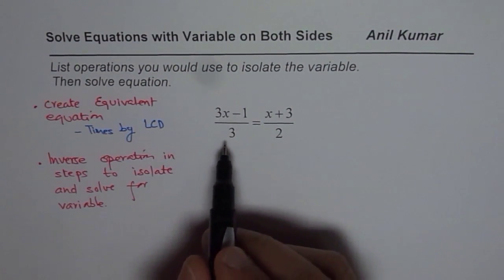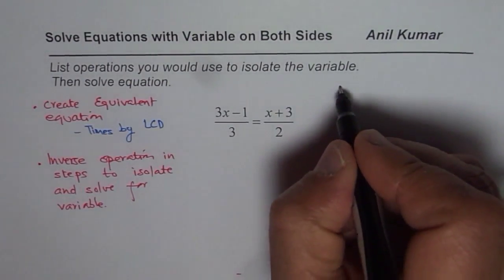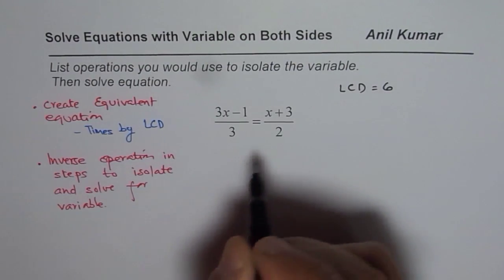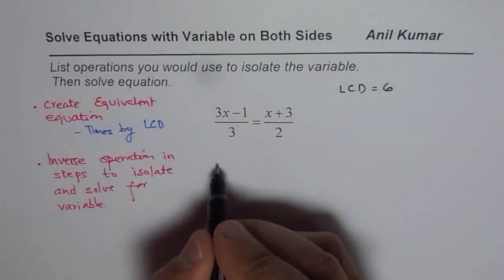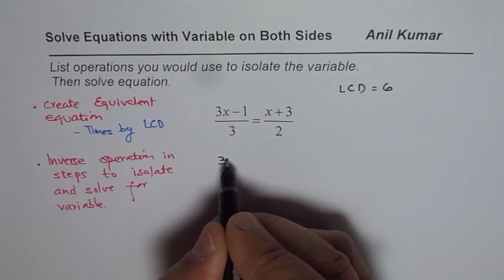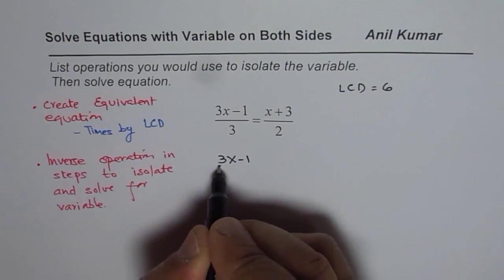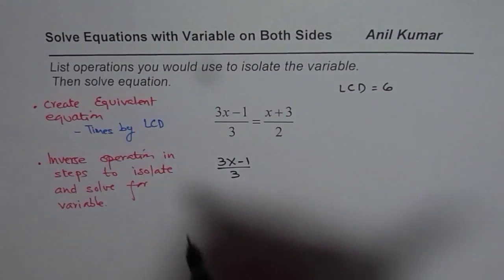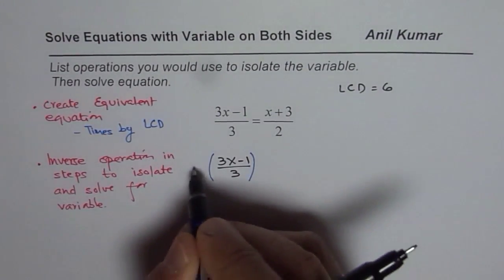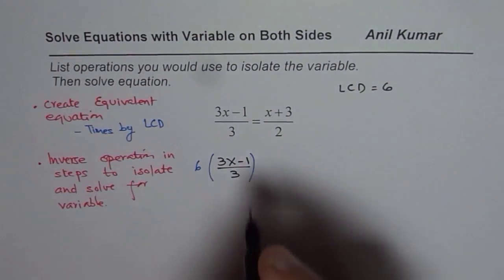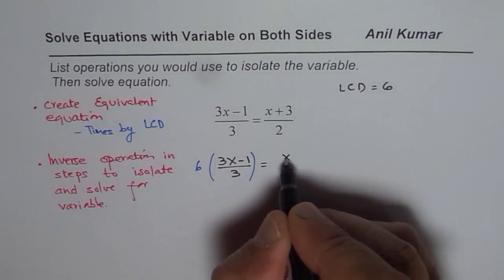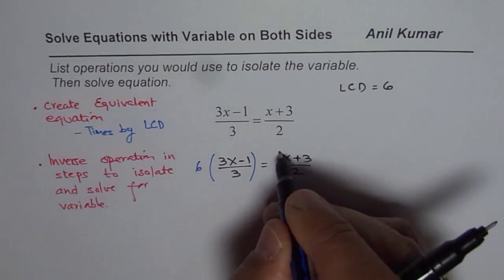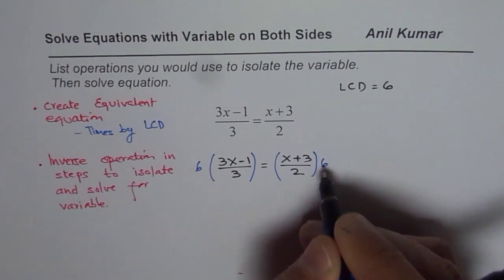So we have this equation, and the lowest common denominator for us is what? The lowest common denominator between 3 and 2 is 6, right? So we can multiply by 6 on both sides. We have (3x minus 1) over 3, so we'll multiply this by 6, equals (x plus 3) divided by 2, and we'll multiply this side also by 6.